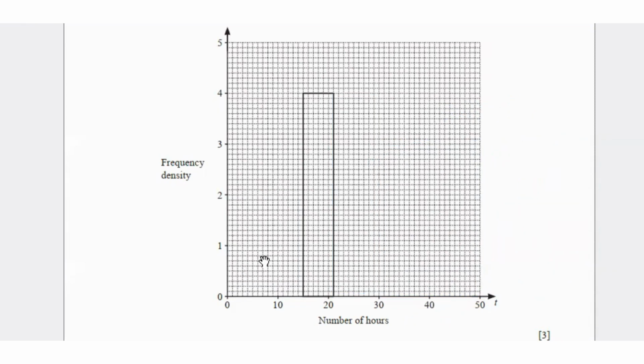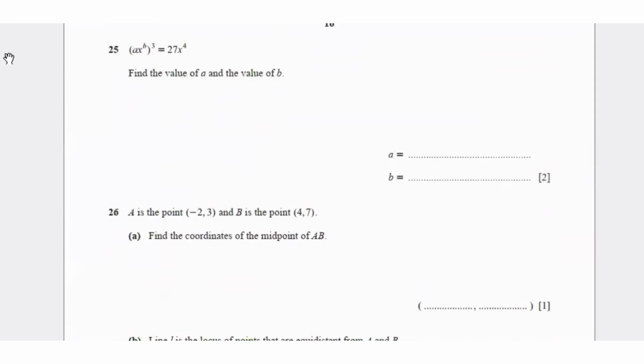Then question 25 is asking us to find the value of A and B. So let's first distribute the exponent outside the bracket. It's going to be A cubed, and X times 3B, so that's going to be X to the power 3B. Always remember, when you have an exponent inside the bracket and outside the bracket, you will multiply them.